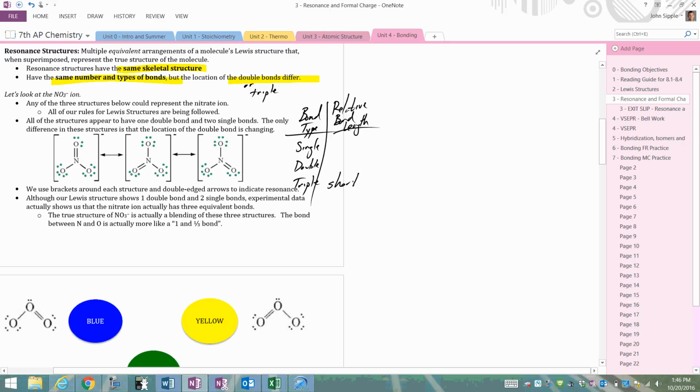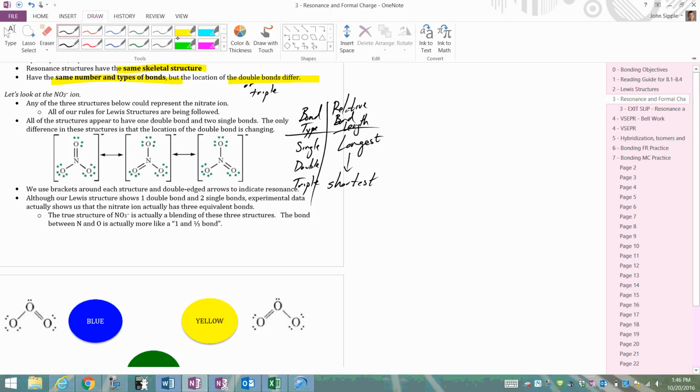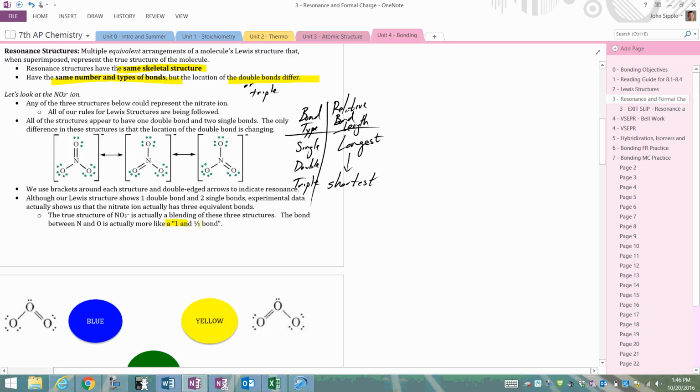Triple is the shortest, and single is the longest. Because the reality is, if we were to measure the bond length between nitrogen and oxygen there, what is going on in real life is that it's actually a bond and a third.